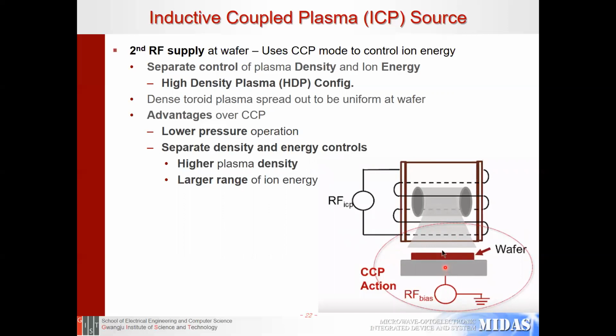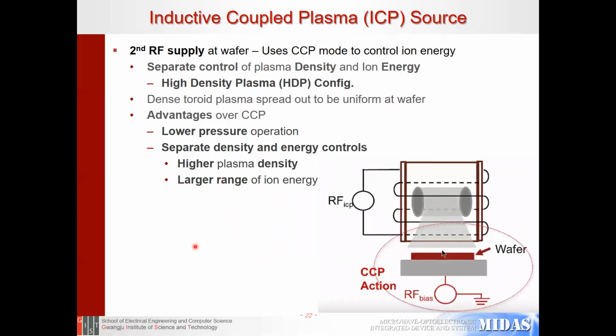So we have a second RF power supply which is used in the CCP mode to control the ion energy. And this allows us to separate the plasma density from the ion energy. This configuration is called high density plasma or HDP configuration.